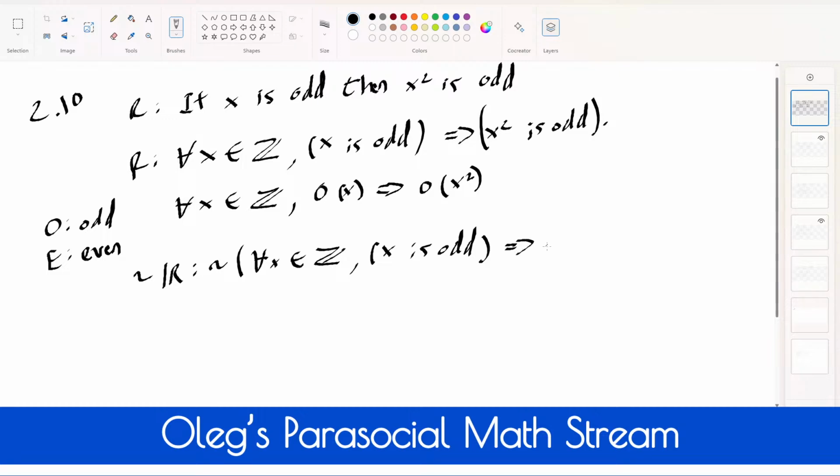Which implies squared is, let me think about this for a second. All right.